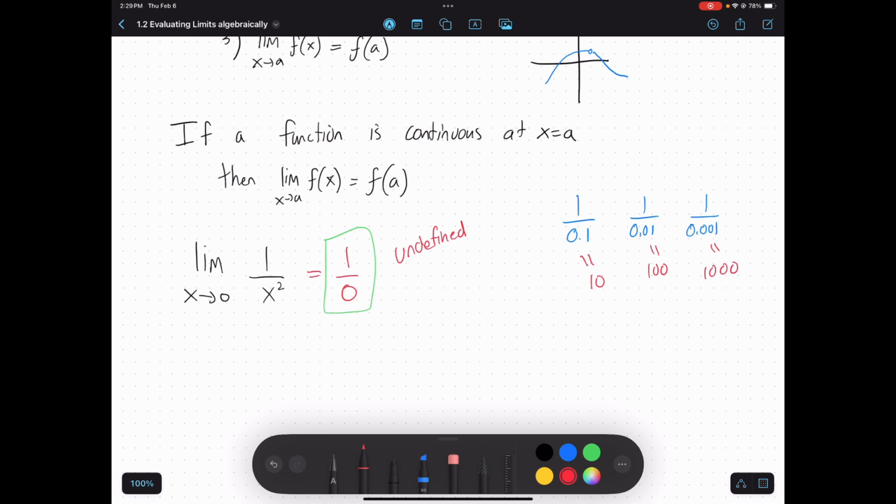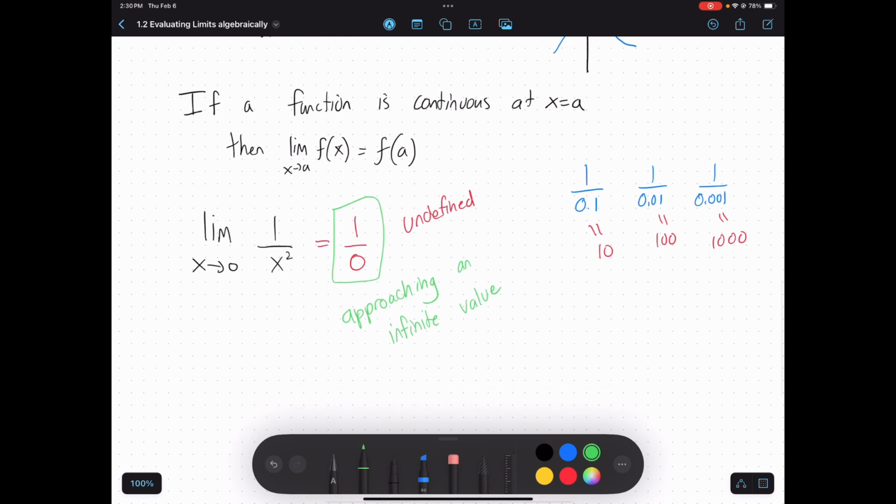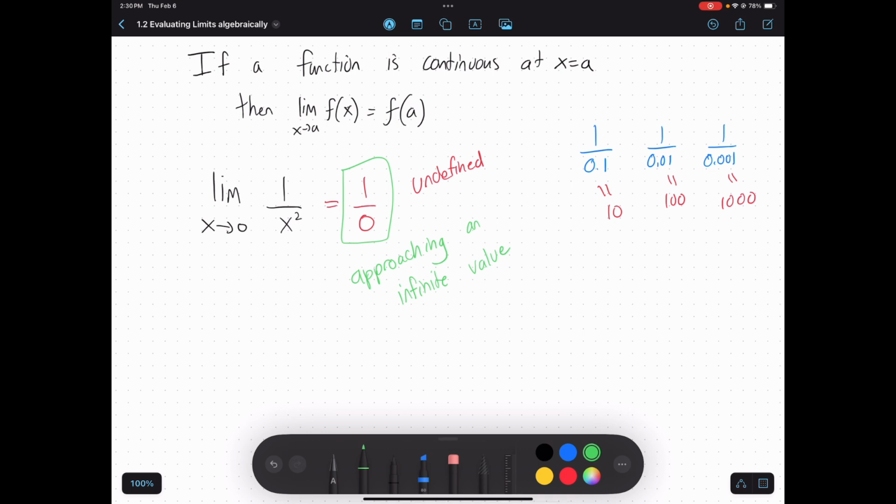So as I make my denominator smaller, even though my numerator is staying the same, if my denominator is getting closer to 0, this value is approaching infinity. And I'm actually going to say an infinite value because it could be approaching negative infinity depending on your function. But if you ever get this result where you have a constant divided by 0, that tells you that your function's approaching an infinite value.